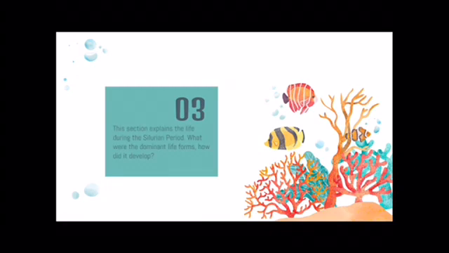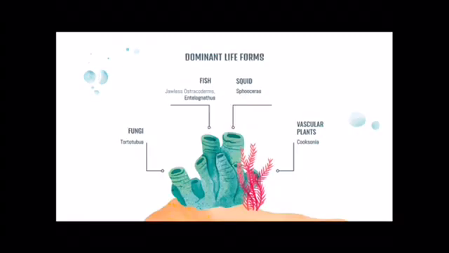The third section that we are going to talk about would be about the different forms of life during the Silurian period. We also talk specifically about fungi and plants. So here it talks about the dominant life forms. So first for fungi, it would be the Tortotubus.